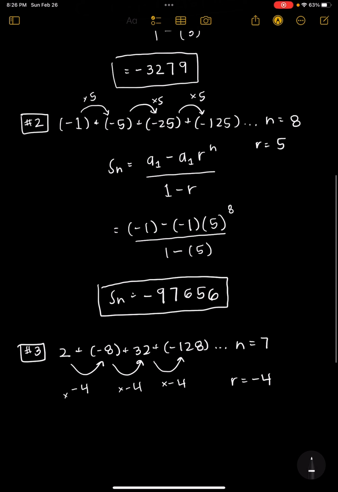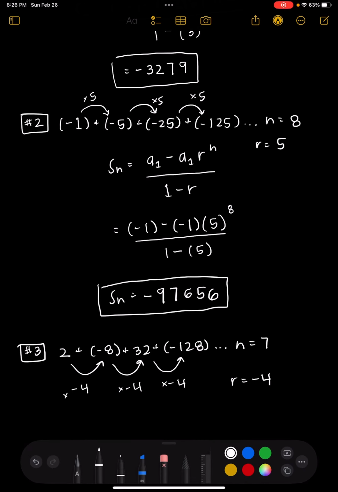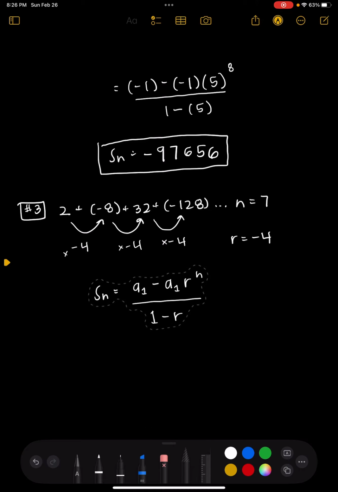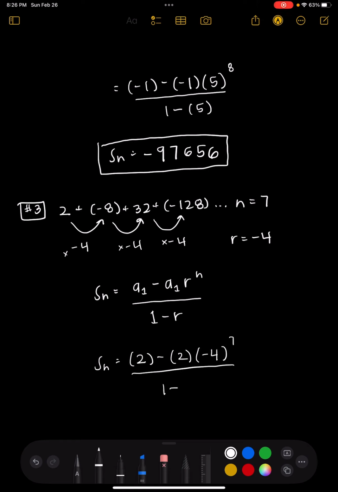I have my first term, I have my r, I have my n, so I'm going to use that bottom equation again. I'm just going to cut and paste it again so that I don't have to rewrite it. Let's plug in what we know. S sub n is equal to A1, which is our first term, that's 2, minus 2 times your r, which we just decided was negative 4, to the power of n, which is 7, over 1 minus your r, which is negative 4.